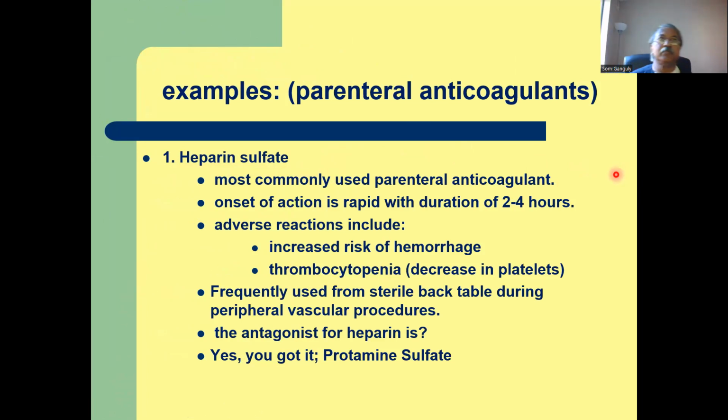And you can also use this heparin sulfate on your back table, using a large syringe, like a 35 cc syringe, and a syringe filter needle, which you can give to the surgeon. They can directly flush the open blood vessels with heparin sulfate.